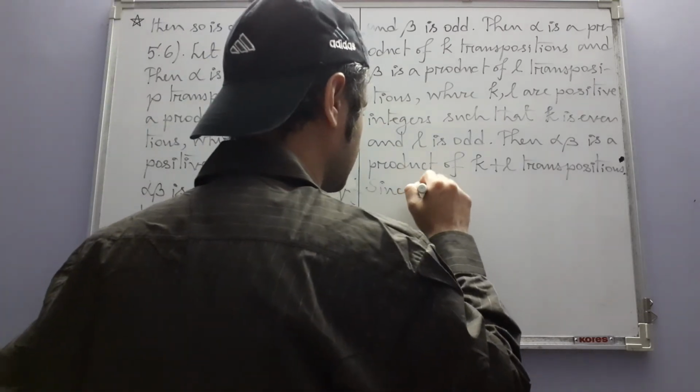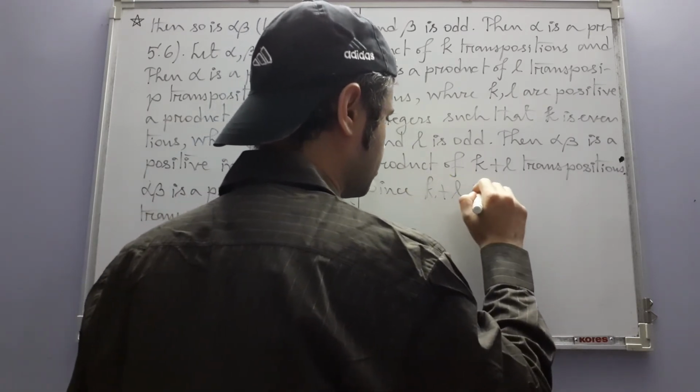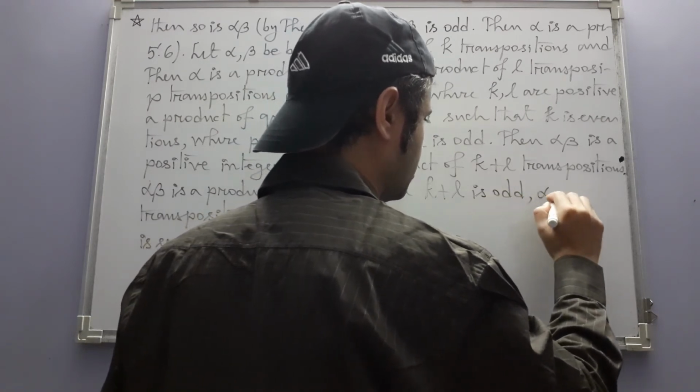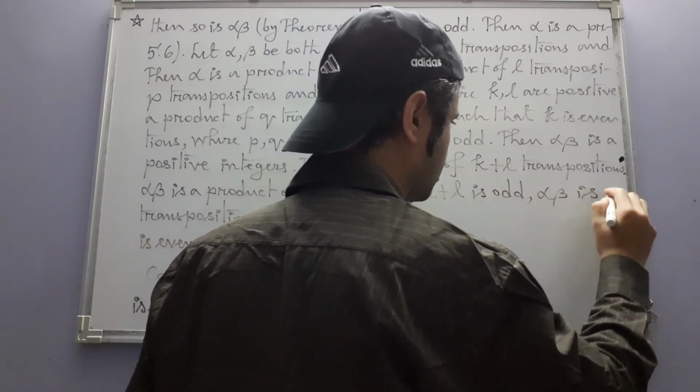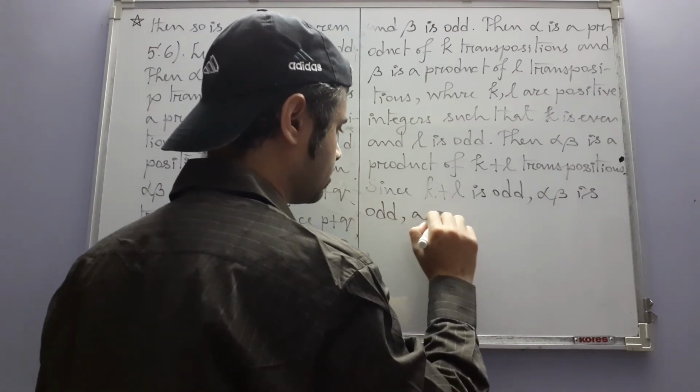Since K plus L is odd, alpha beta is odd, a contradiction.